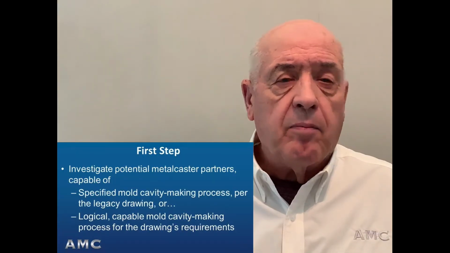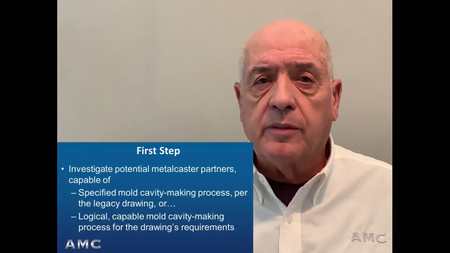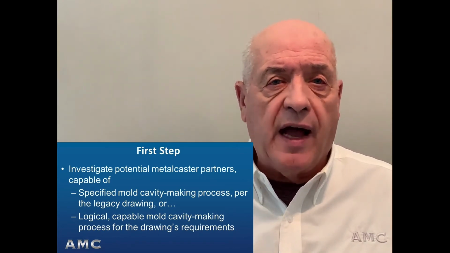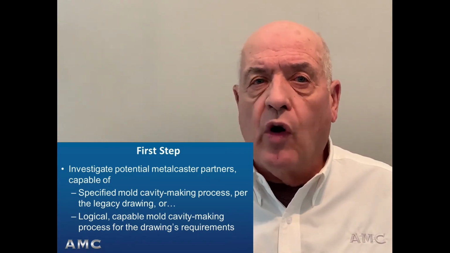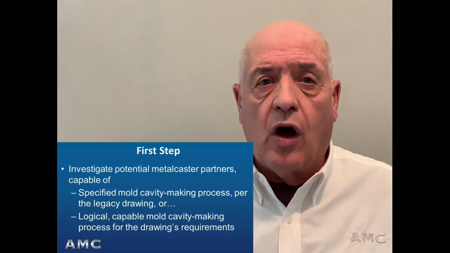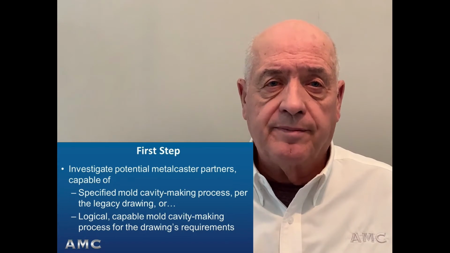So, the first step for the machine shop awardee is to investigate metal casting business partners who have the mold cavity making processes specified on the old 2D drawing or have the processes that would be logical based on the drawing's requirements.